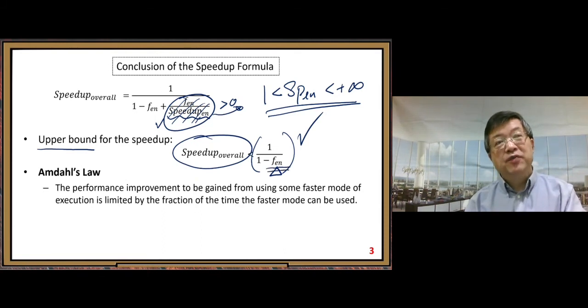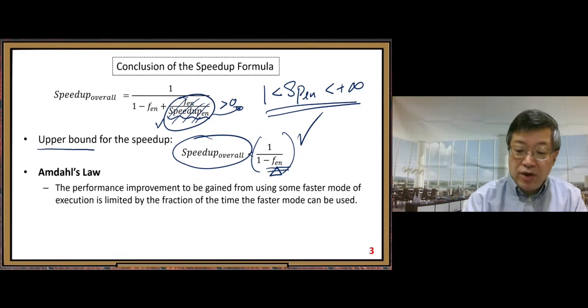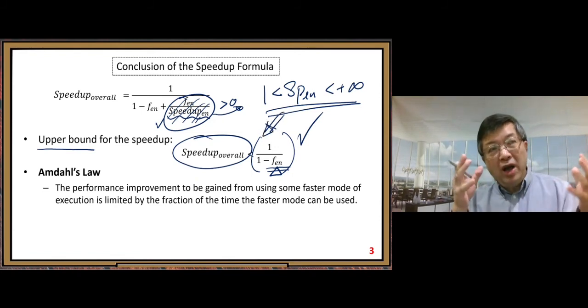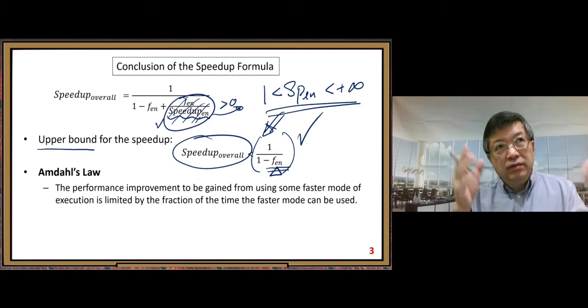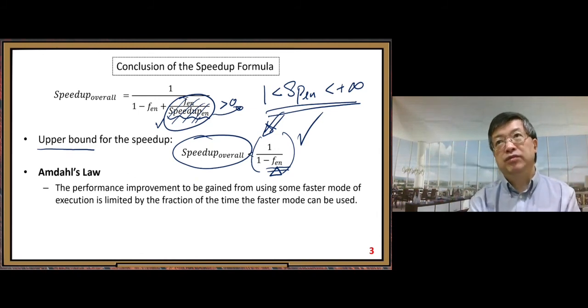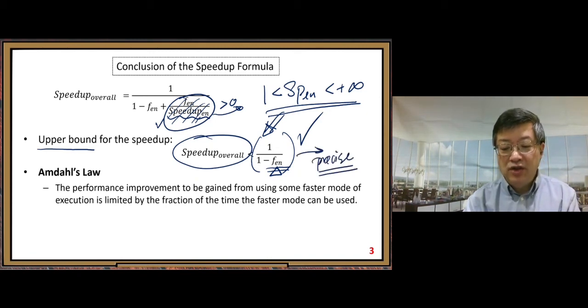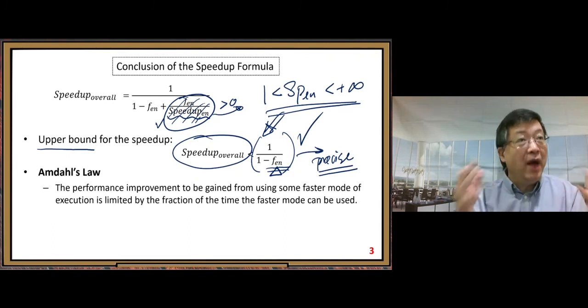So here you can see Amdahl's law does not give the precise formula like this, but it just described the relationship in a vague way, not a precise way. So this is the precise way. Amdahl's law just said, determined by that.